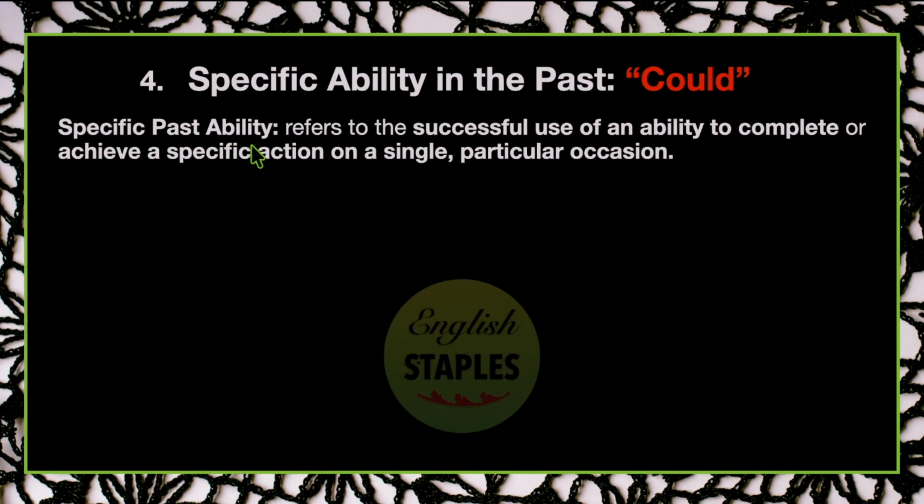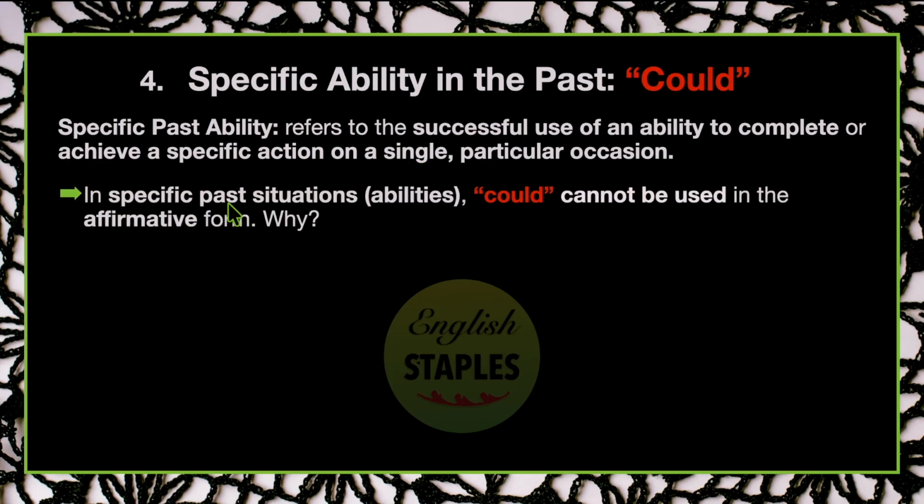Specific past ability refers to the successful use of an ability to complete or achieve a specific action on a single particular occasion. In specific past situations or abilities, could cannot be used in the affirmative. Why?